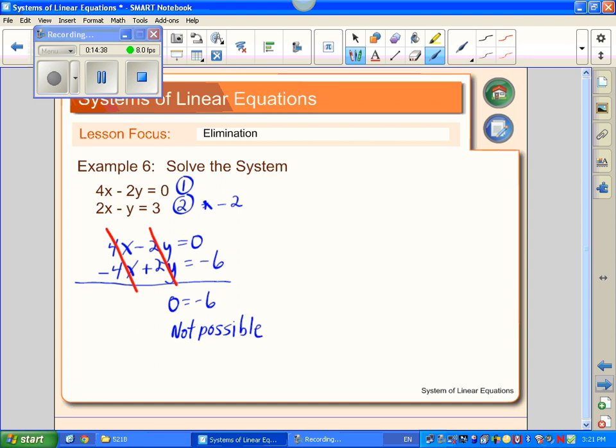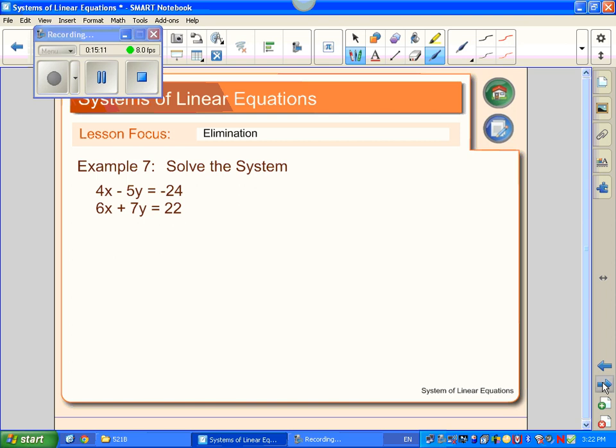So if your left-hand side cannot equal your right-hand side, you have no solution. So the answer is therefore no solution. That's what happens. So when both your x variables and your y variables cancel out, you need to check and see, is it a no solution or an infinitely many solution?